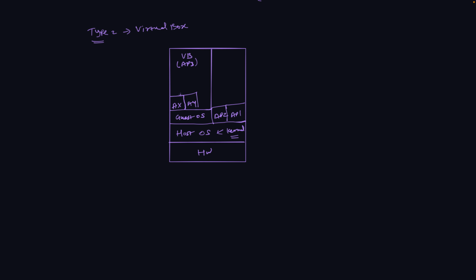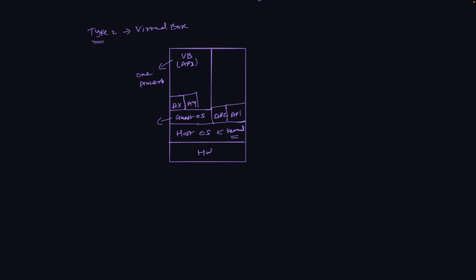If you see this, from the host operating system's point of view, we have this big process called VirtualBox. So this is just one process, okay? This is just one process from the host operating system's point of view. And within this process, we have a guest operating system running.